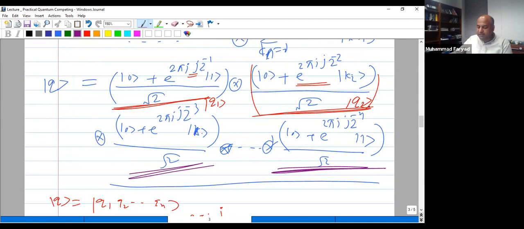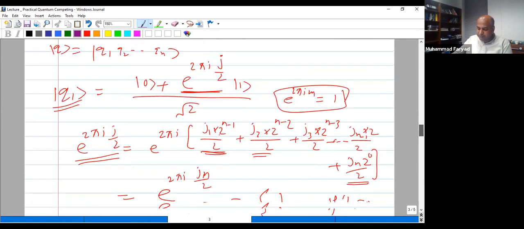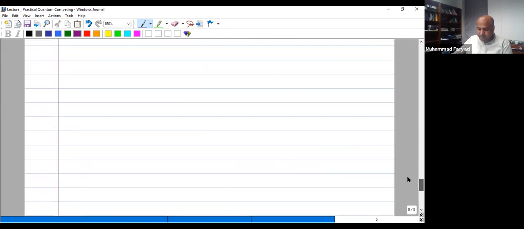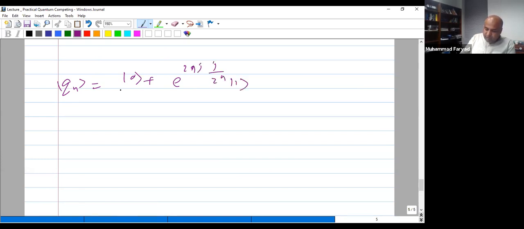and we can see from here that my last bit, which is 2 power minus n, is essentially this, that Qn is 0 plus exponential 2 pi iota j 2 power n, 1 0 plus exponential 2 pi iota. So this j would be j1 into 2 power n minus 1 over 2n.